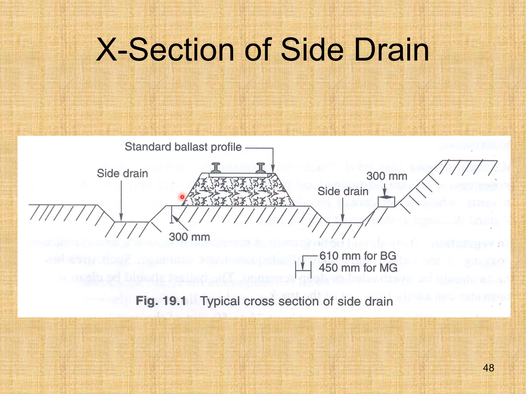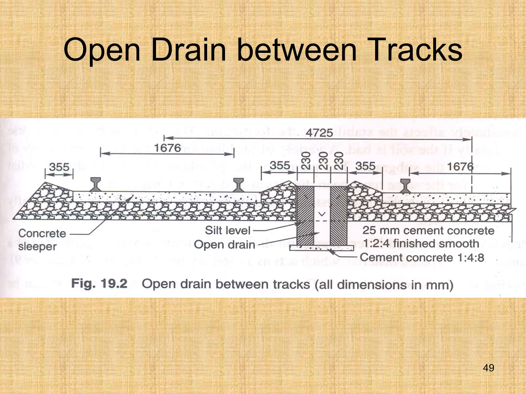We are having the track over here, and on the side of the track we are having the side drains. Look at that, this is the side drain. And when you are having two tracks, one track is over here, the other track is over here, so we can have the open drainage system that is lying between the tracks. That is another option.